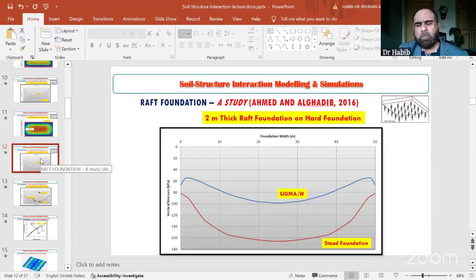If we adopt a model for the soil, it should be logical and rational in nature. If we consider a structure in our model, all the assumptions to model that structure should be logical. If we are logical in every aspect of the modeling, then we should expect to end up with results close to real ones.